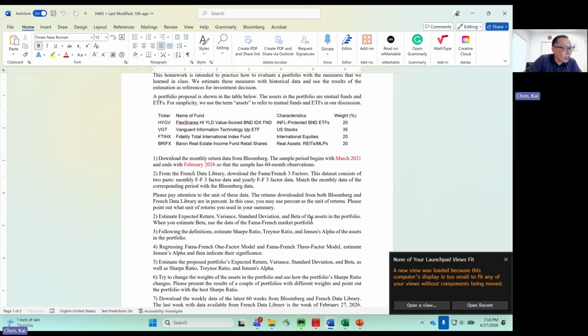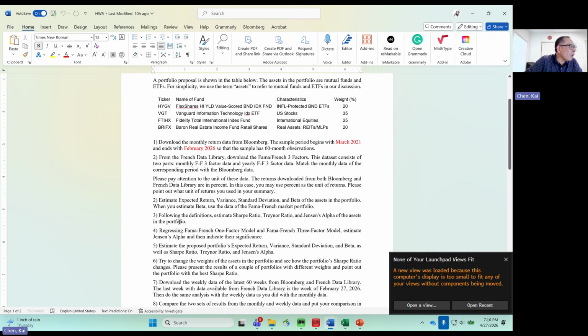That means it includes as many risky assets as possible. And then following the definition, estimate the Sharpe ratio, Treynor ratio, and Jensen's alpha of assets in the portfolio.